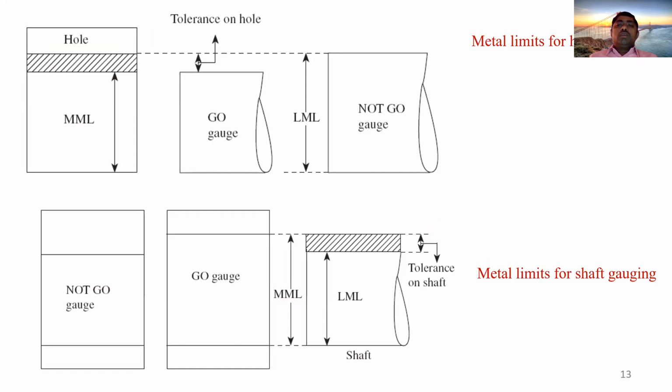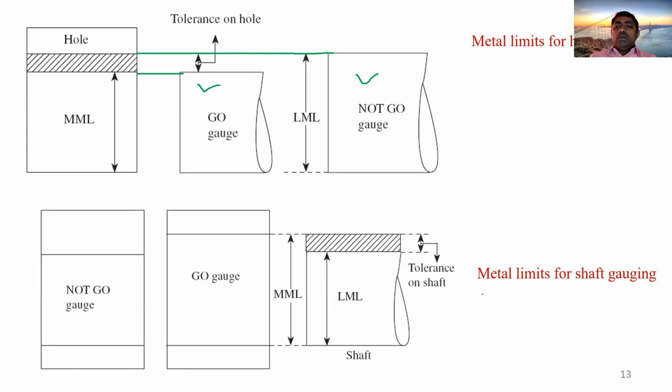So these are the metal limits for hole gauging. The go gauge is designed to the maximum metal limit, or low limit of the hole. Similarly, the not go gauge is designed with the high limit of the hole, or least metal limit.